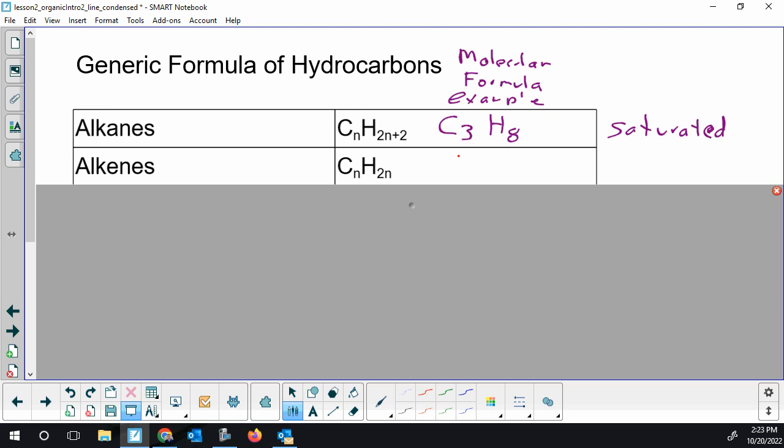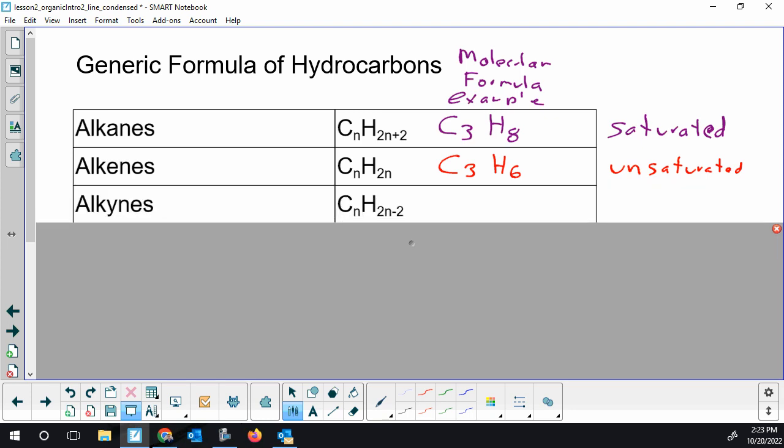If we have 3 carbons, so we've propene, E-N-E, the hydrogen count will have to be 6. And this is unsaturated. It is unfilled with hydrogen. Okay. The double bond has removed some hydrogen.